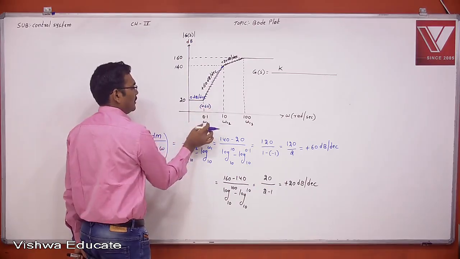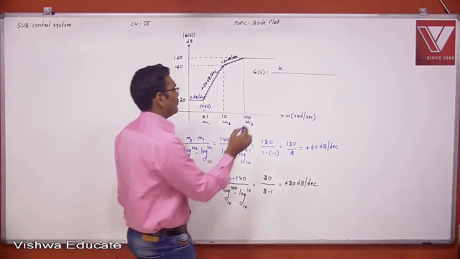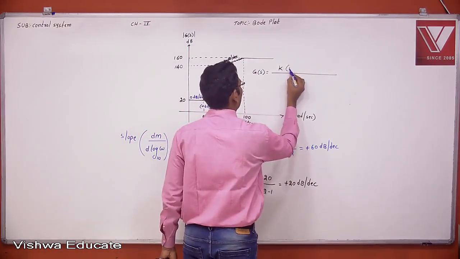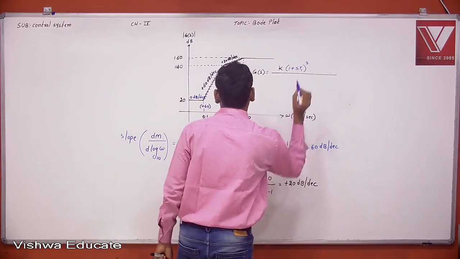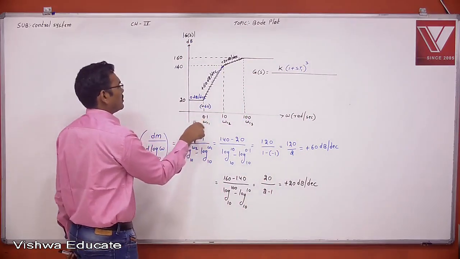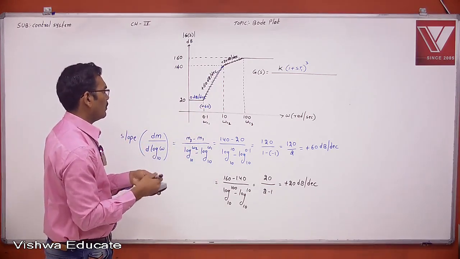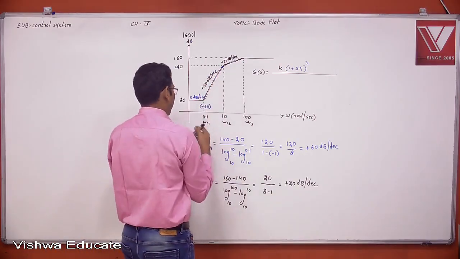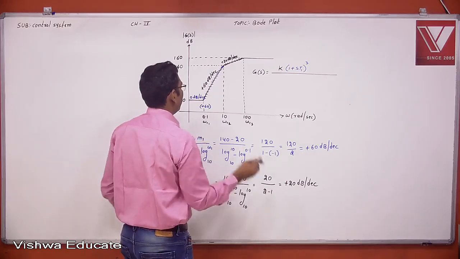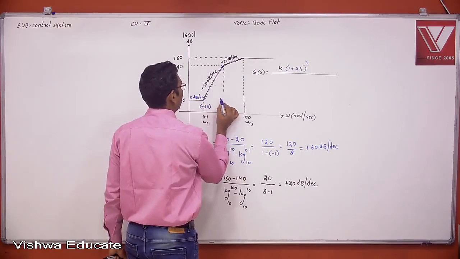The plus 60 at the corner frequency is because of three simple zeros, (1 plus s t1) whole cube. Now plus 60 will become plus 20 by adding minus 40.